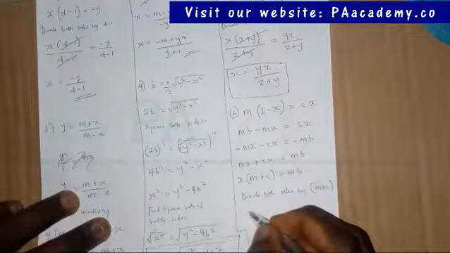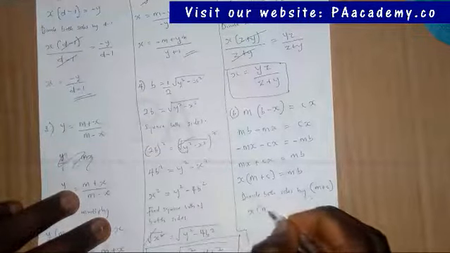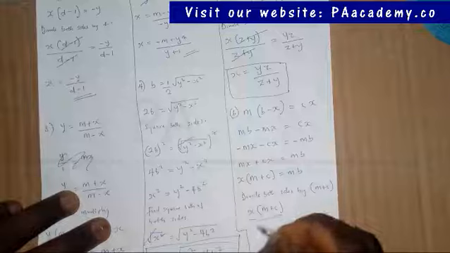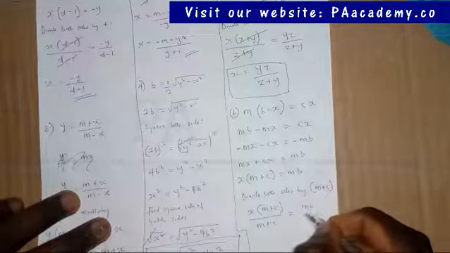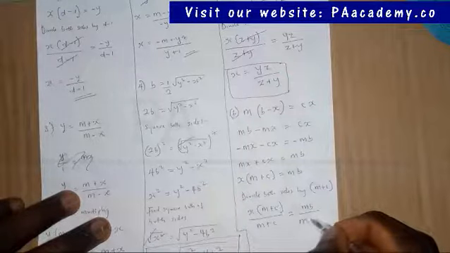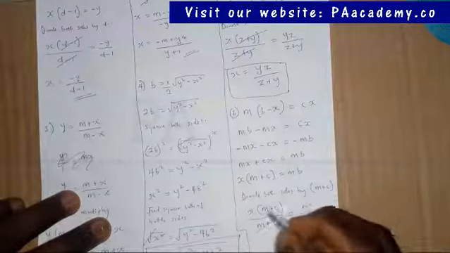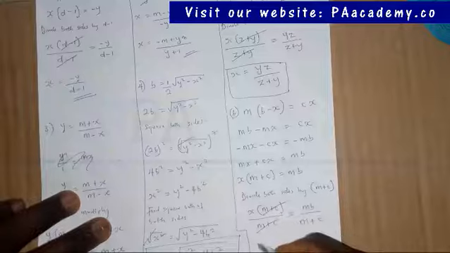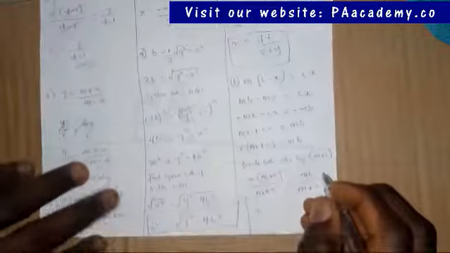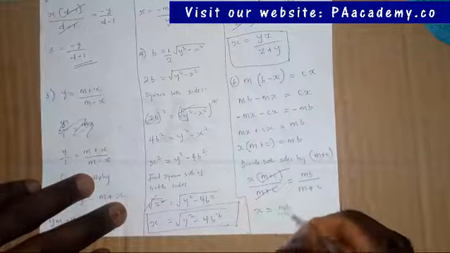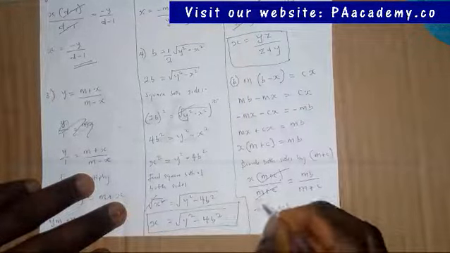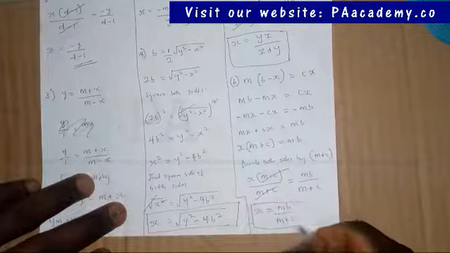So that means we are going to be having x into brackets m plus c divided by m plus c is equal to mb over m plus c. So this will cancel this, and then we'll be left with x is equal to mb over m plus c, and this is our final answer.